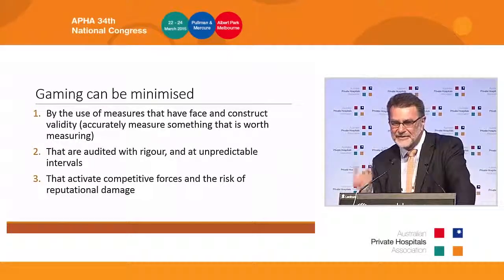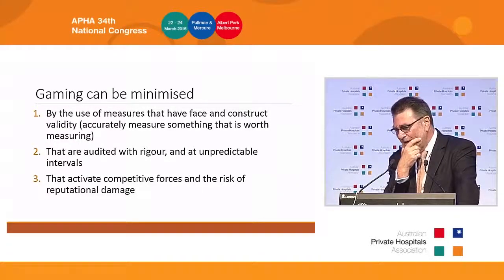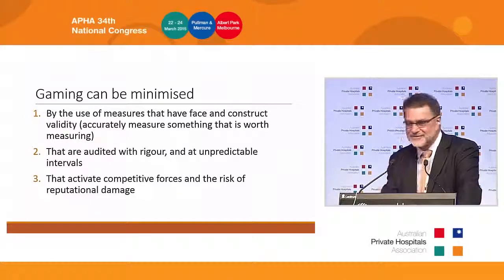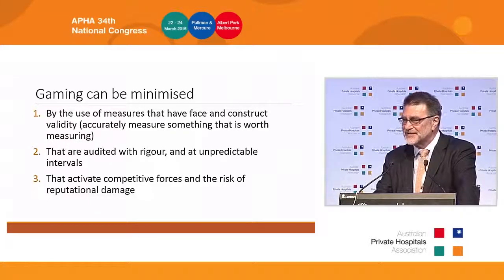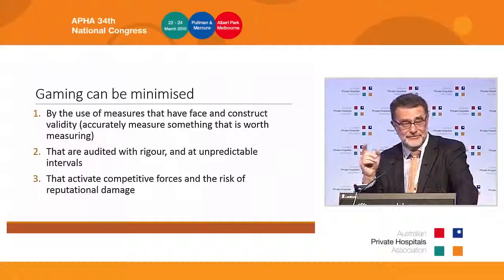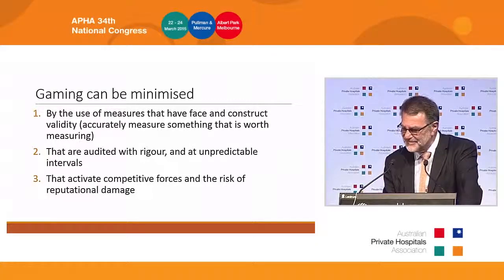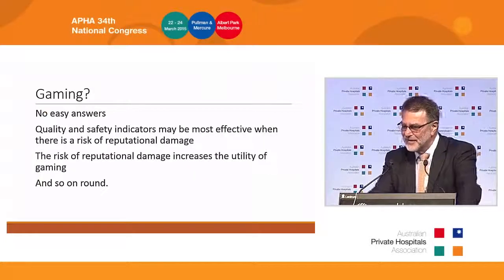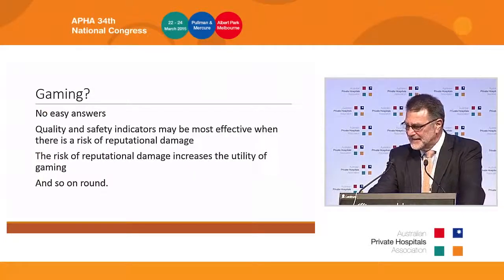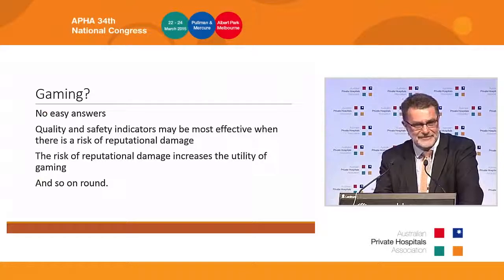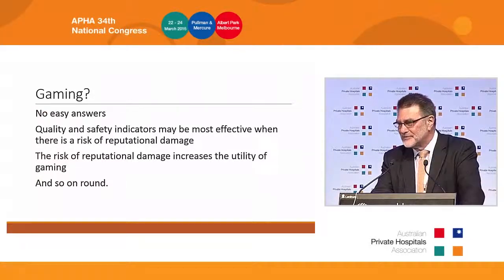But what we do know is that, as we've talked about earlier, when you activate competitive forces and the risk of reputational damage, suddenly people start taking the work seriously. And that really puts us in a dilemma, because quality and safety indicators may be most effective when there is a risk of reputational damage.